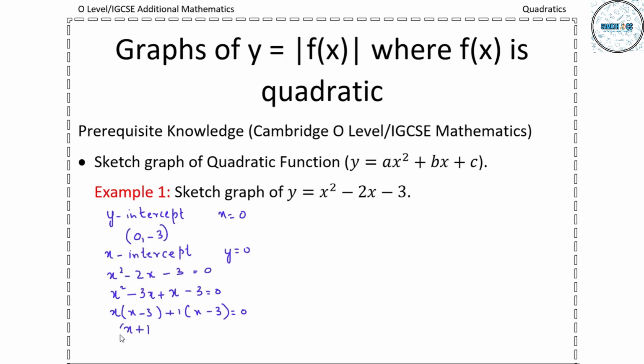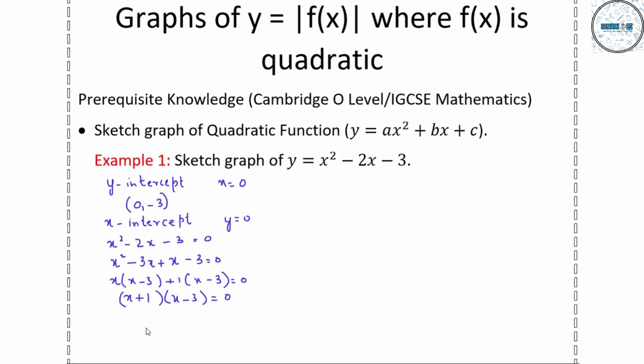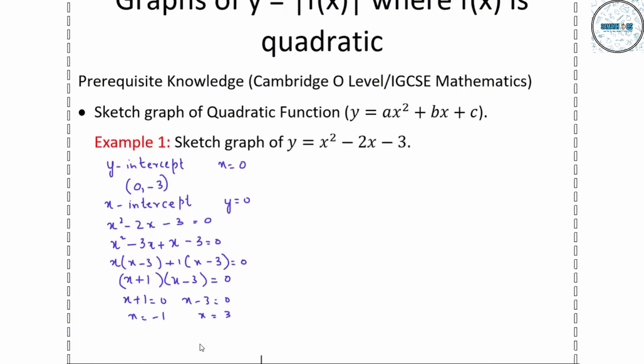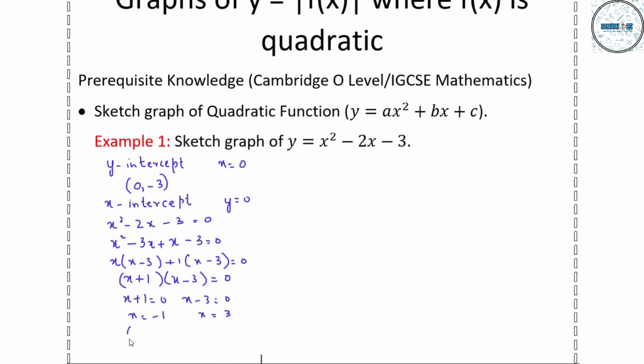X plus 1, x minus 3. So we have x plus 1 is equal to 0, x minus 3 is equal to 0, x is equal to minus 1, and x is equal to 3. So the coordinates are minus 1, comma 0 and 3, comma 0.